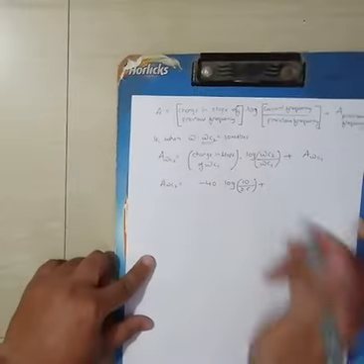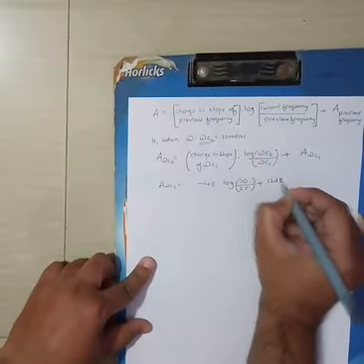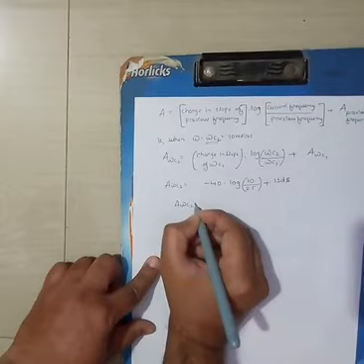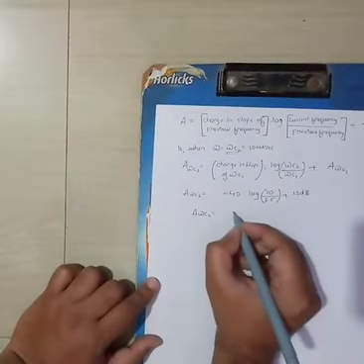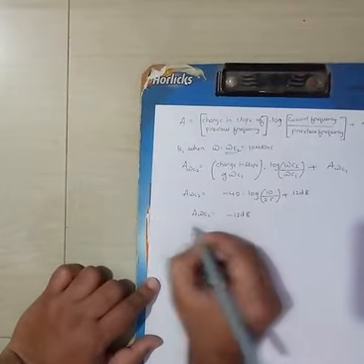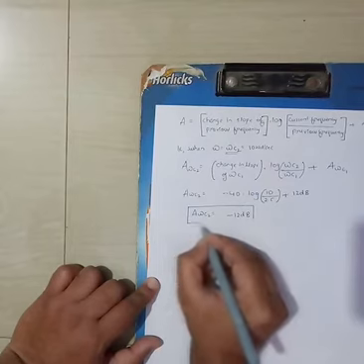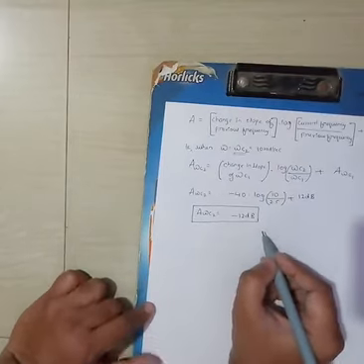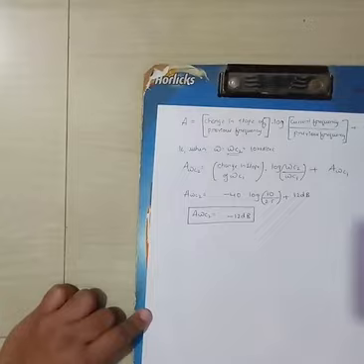When we solve this, we get approximately minus 12 dB. We can approximate it to minus 12 decibels.